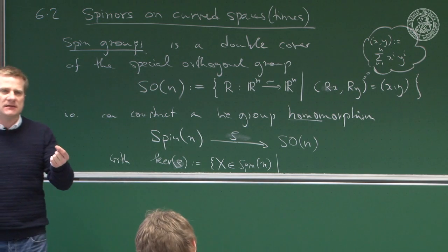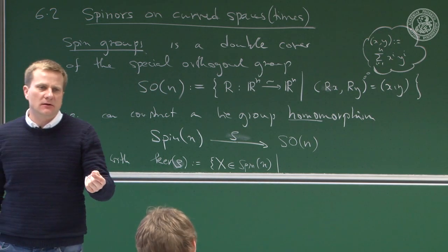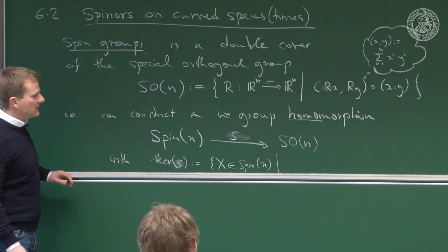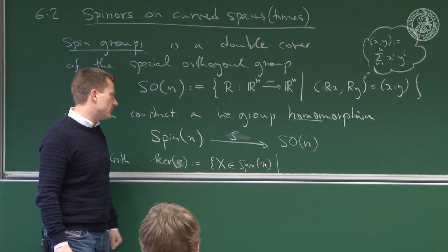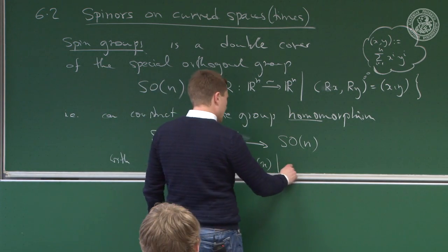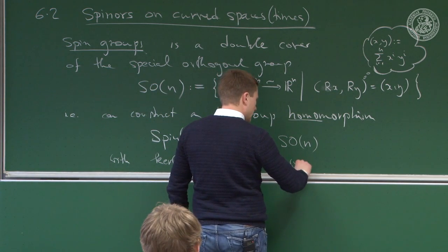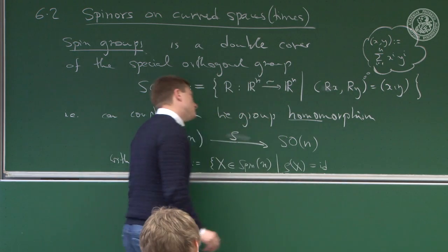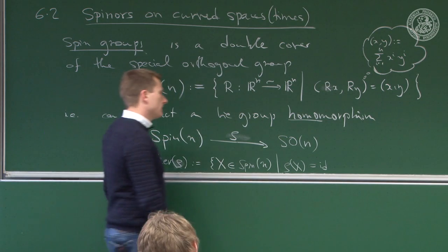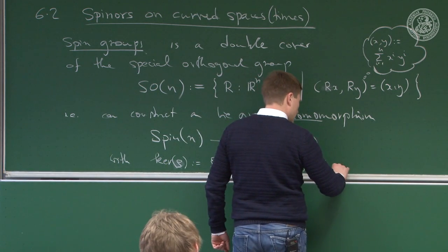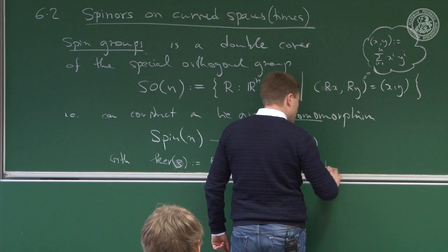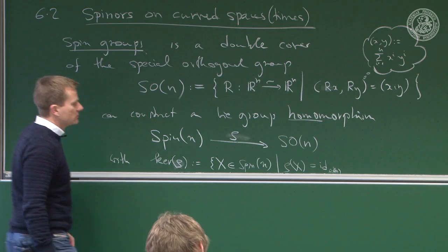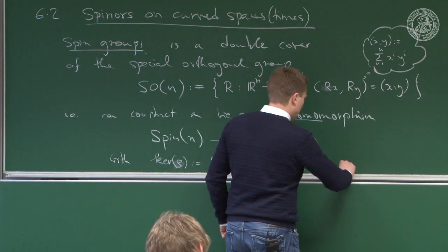Well, 0 is the neutral element of the group operation on a vector space, and that's the addition. Well, here the group operation is a different one. In any case, we want all those in the domain that are mapped to the identity in the target, to the neutral element in the target, but in the group, of course, in a group, the neutral element is the identity.